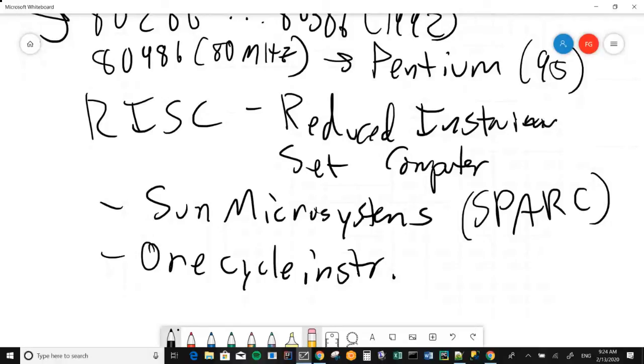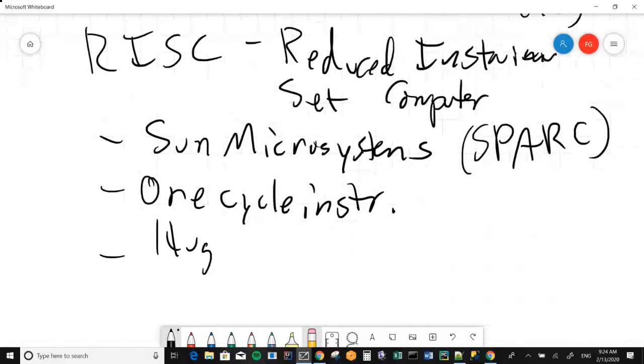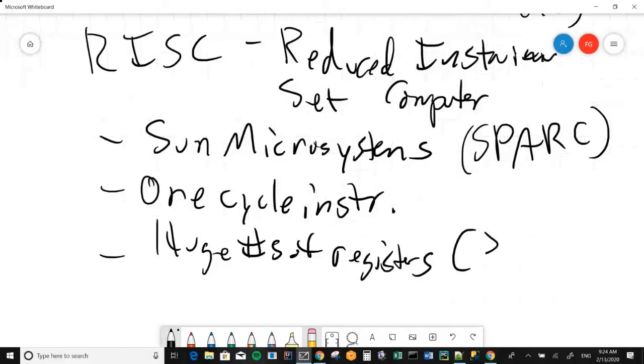So these RISC machines insisted on a 1 cycle instruction. They wouldn't bother with a hardware stack. They would have instructions where you could change a lot of registers at once.